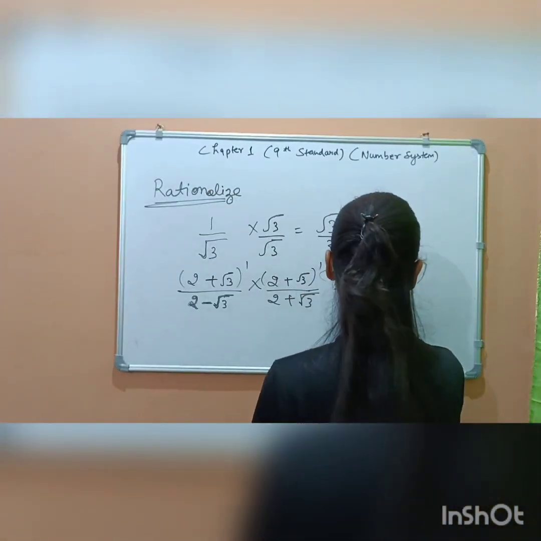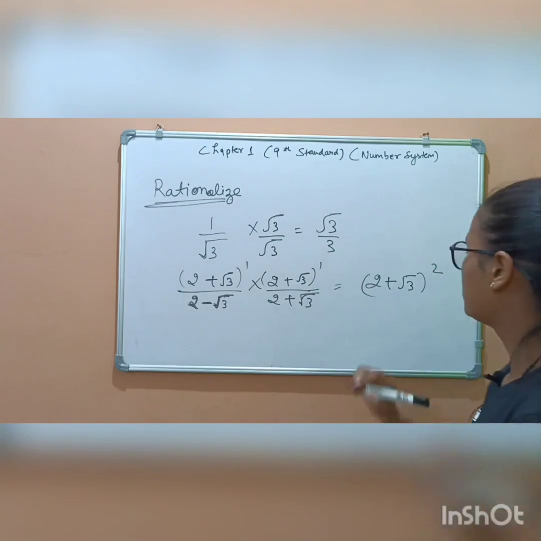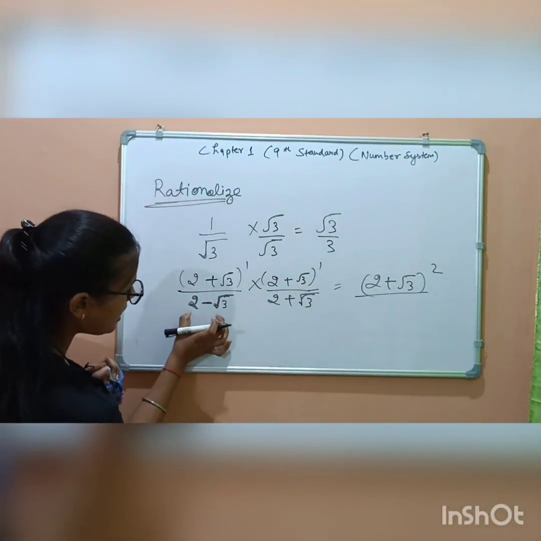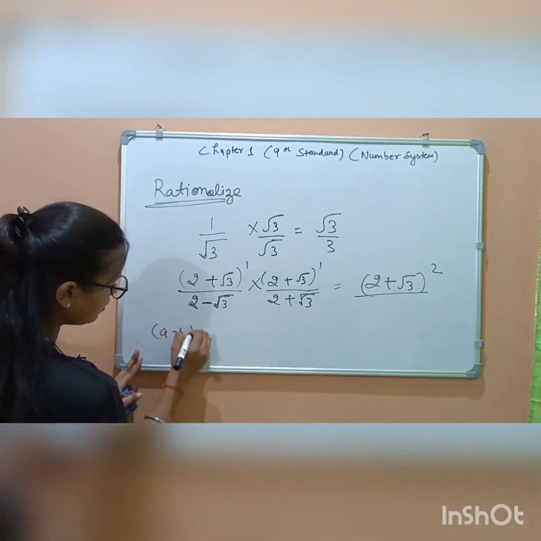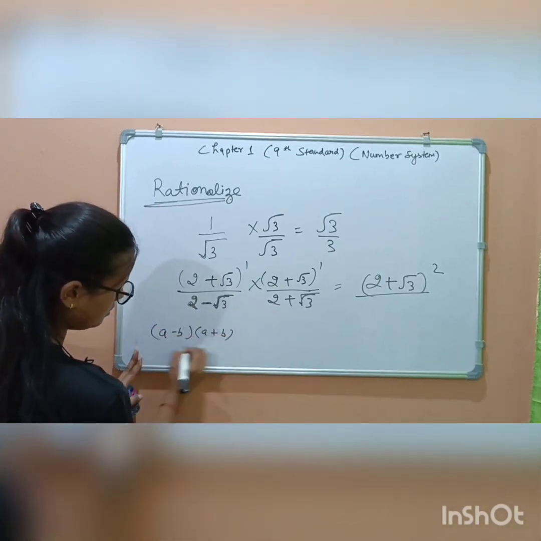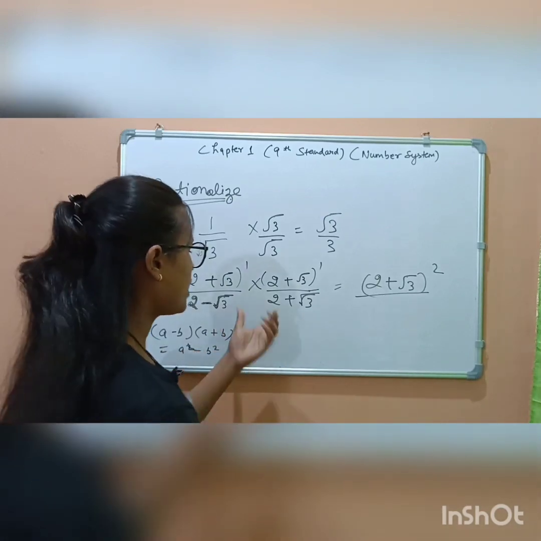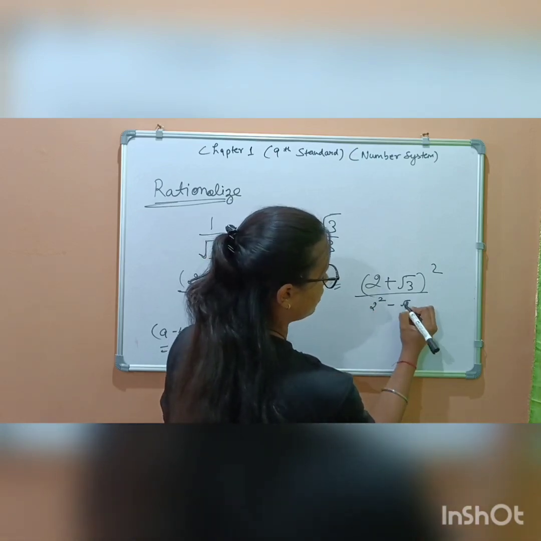So we have 2 plus root 3 whole square divided by a minus b into a plus b, which is nothing but a square minus b square. Clear? So I can write it down as 2 square minus root 3 square.